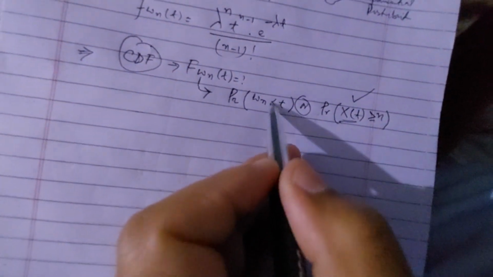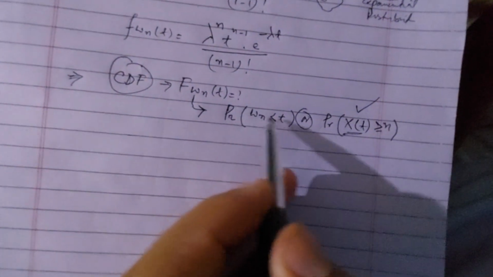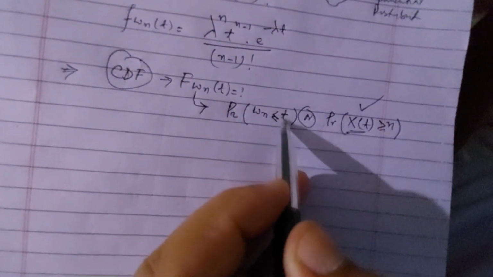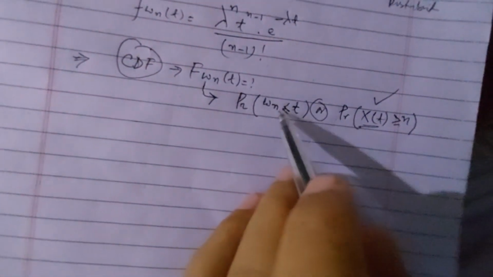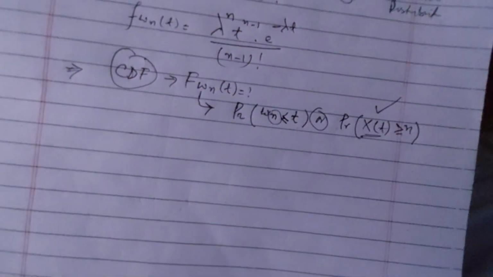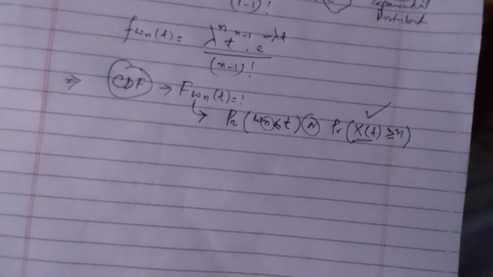That is, the waiting time for the nth event to occur is less than or equal to the time period.